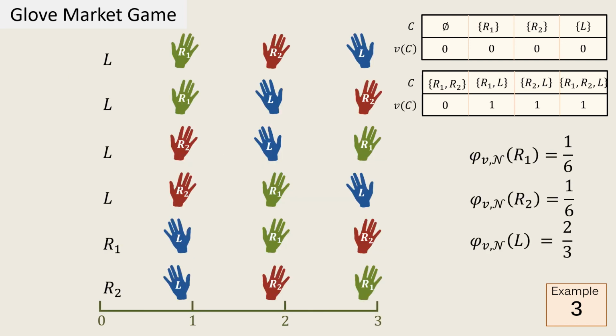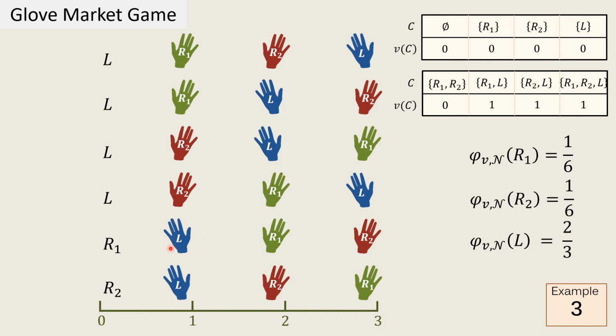Now let's compute the Shapley values of the gloves. Each row here is a permutation of the 3 gloves. Now for R1, it's only in this row L, R1, and R2 where adding R1 to the previous coalition gives a value of 1.